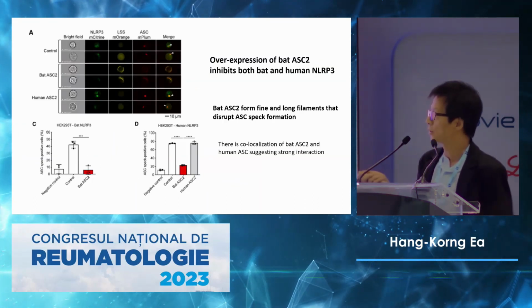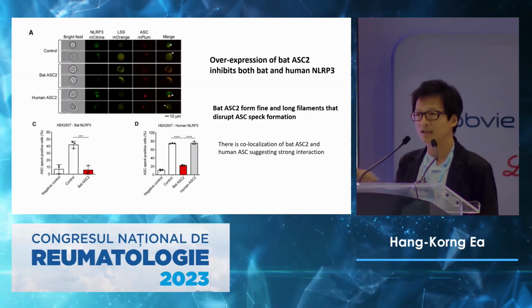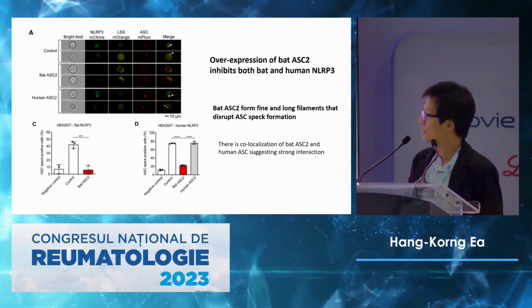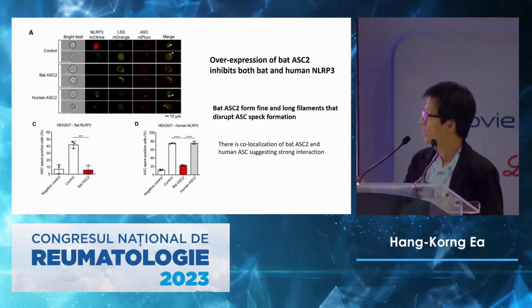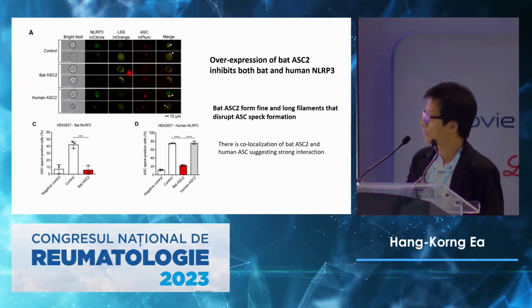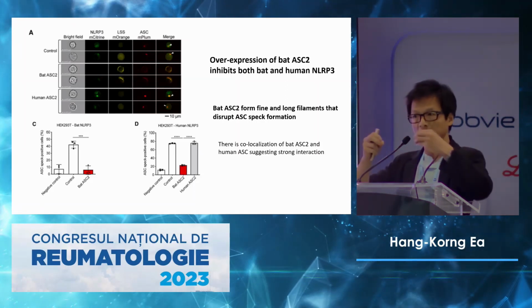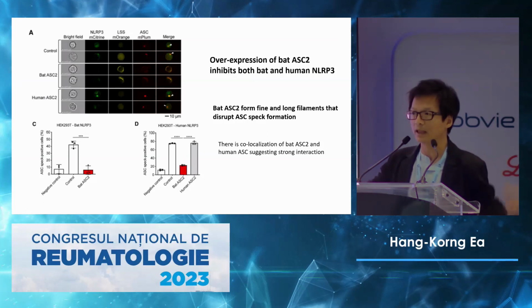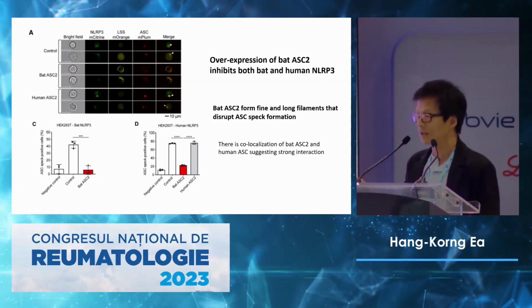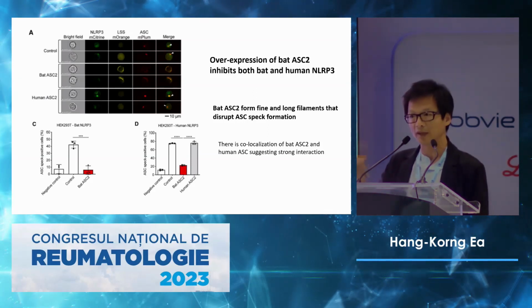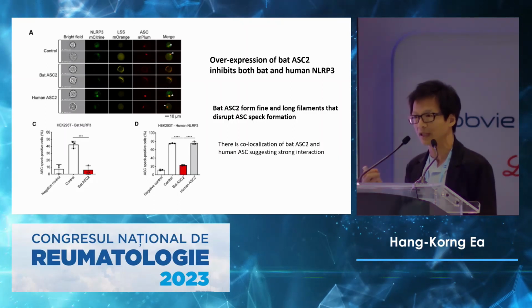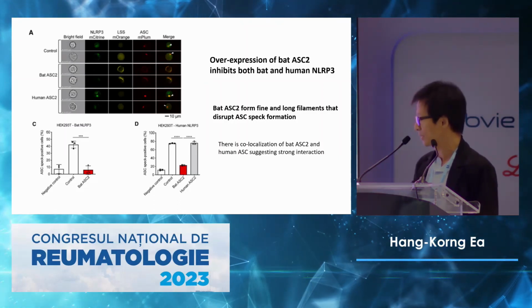And what is the mechanism of this ASC2? When we overexpress ASC2, in fact, instead of forming a speck, it will form a line and will interact with ASC and prevent the speck formation, the recruitment of caspase and the cleavage of caspase.